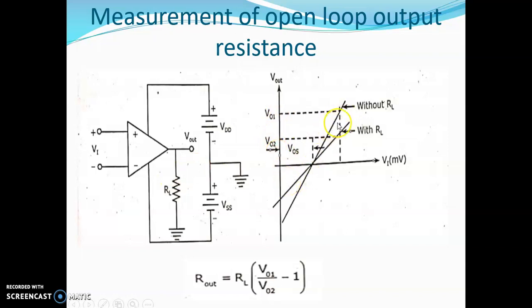In one case it is without RL and in the other it is with RL, so you have taken two cases. In one case you have not connected the load and tested the output voltage, and in the other you have connected the load and tested the voltage. You can calculate the output resistance by Rout, which is the load resistance times VO1 by VO2 minus 1.